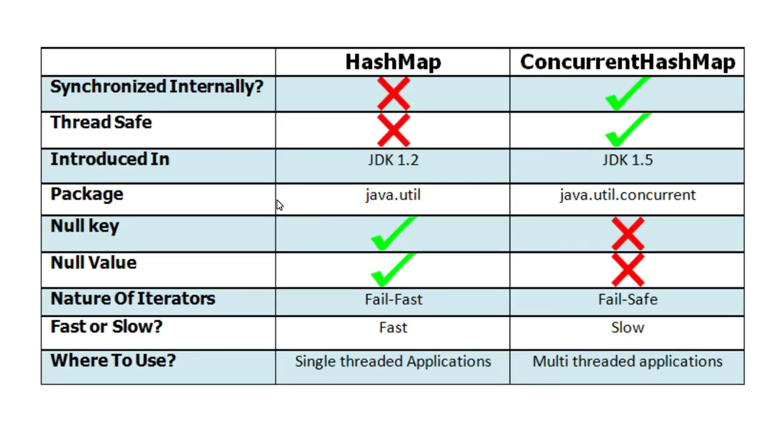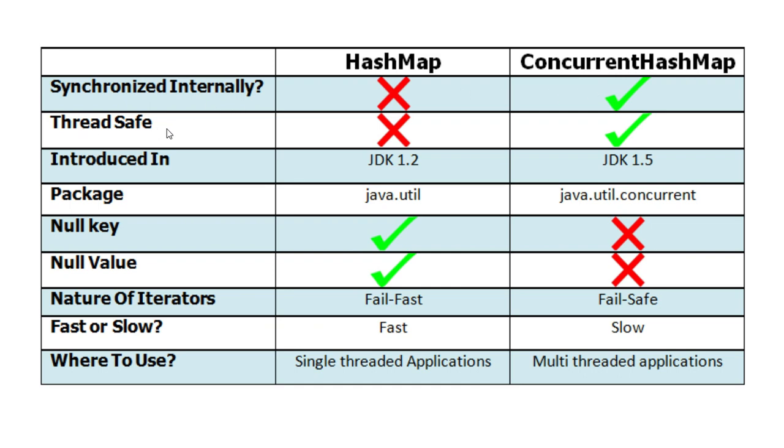Okay, let's quickly understand what is thread safe and what all the things are. So, a comparison between hash map and concurrent hash map. In the hash map, if you see, it is not synchronized internally, but concurrent hash map works based on segments or particular indexes, we can say.